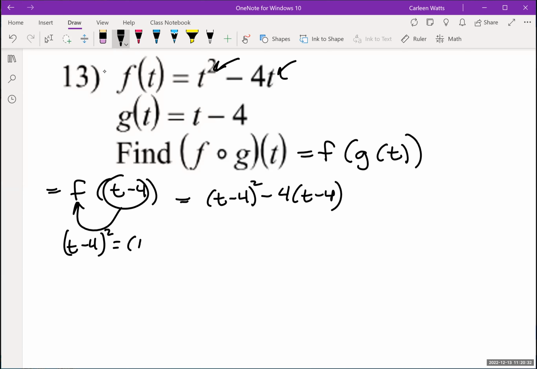Step 1 is split, and make a quick little box. t squared minus 4t minus 4t plus 16.